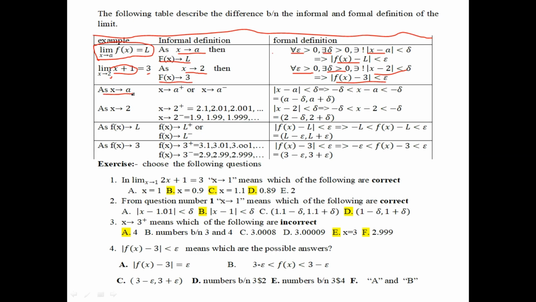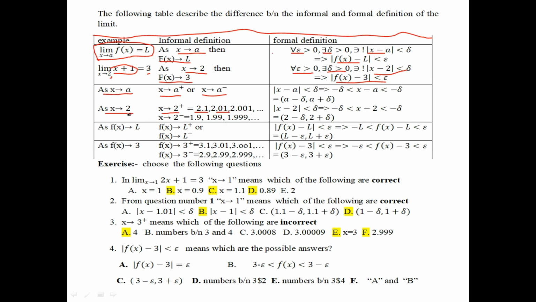Again, by the informal definition, as x approaches 2 means x approaches 2 from the right, through values between 2 and 3, such as 2.1, 2.01, 2.001.